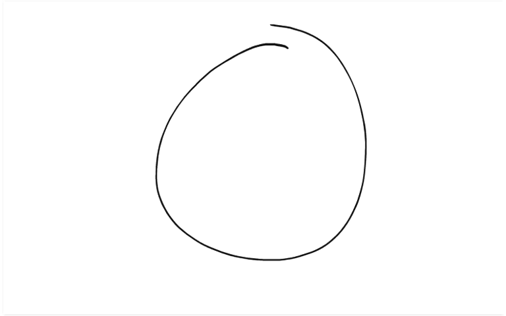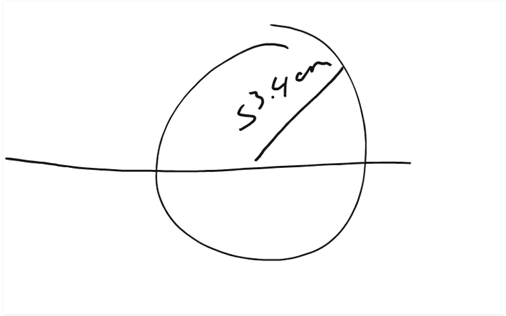So here's what we have: a disk, and if we call this our x-axis, it's starting out at 57 degrees. Actually, the 53.4 is the diameter, so the radius would be half of the diameter.